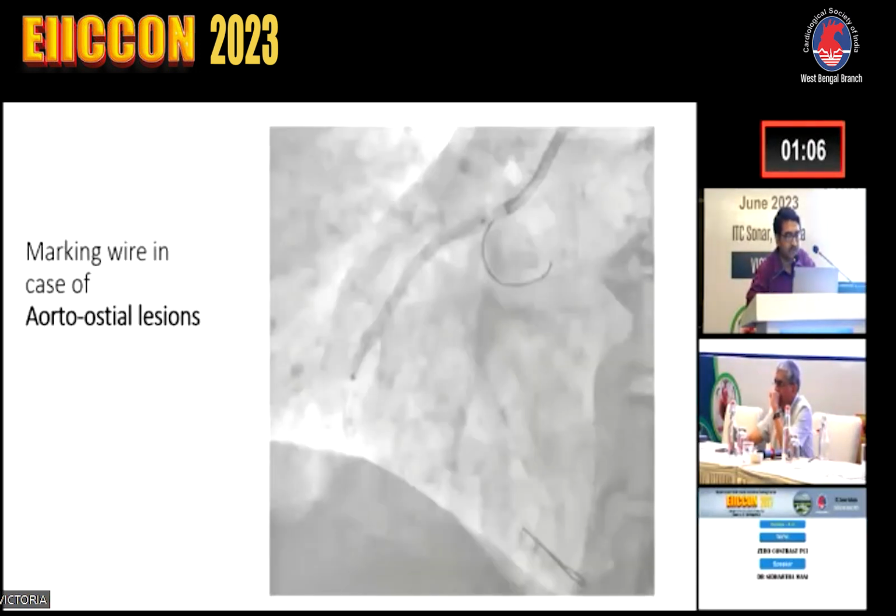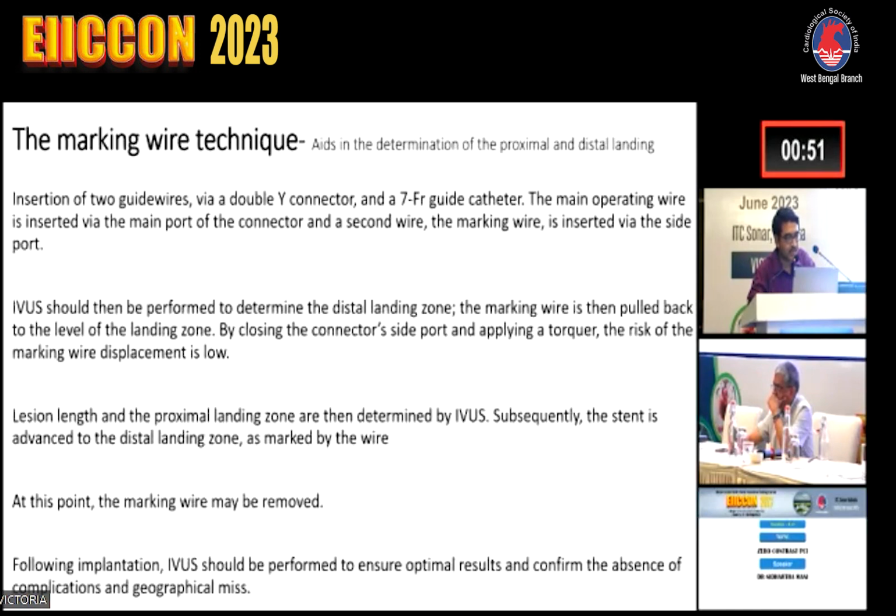If you are going for aorto-ostial lesions like the RCA ostium here, if you can keep a wire in the aortic sinus like this, that can help you identify the aorto-ostium, the RCA ostium in this case. So the marking wire technique aids in determination of the proximal and distal landing. This is a slightly different technique where you are using two guide wires via a double Y connector. I will show you, and a 7 French guide catheter.